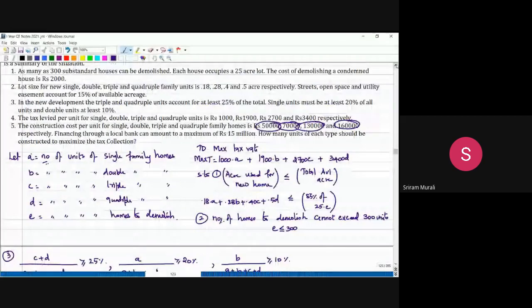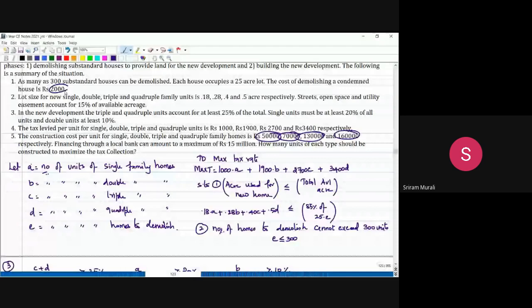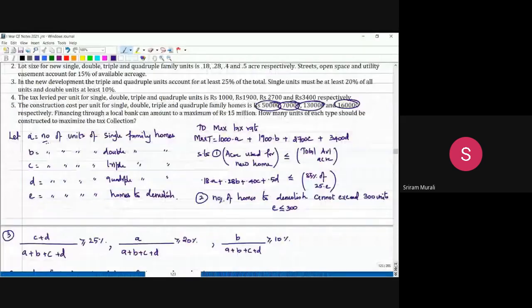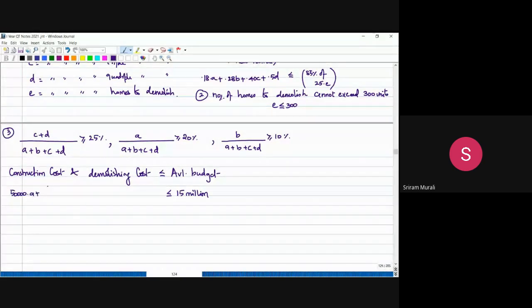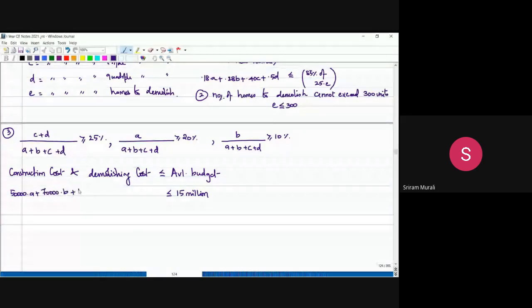I do not know how many houses I am going to demolish, so that is multiplied by 2,000. These must be added: 50,000 times A plus 70,000 times B plus 1,30,000 times C plus 1,60,000 times D, and then demolishing at 2,000 per house times E. All should be within my 15 million.